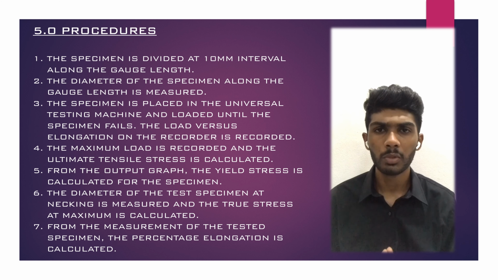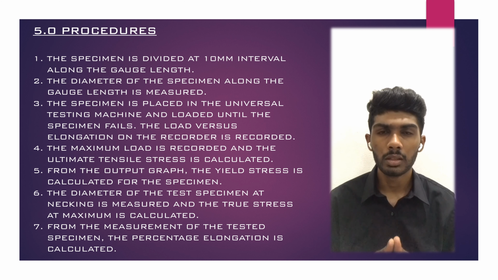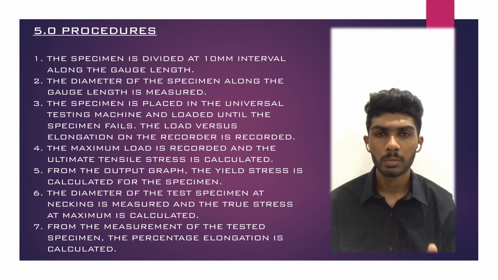Now, the maximum load is recorded and the ultimate tensile stress is calculated. Then, from the output graph, the yield stress is calculated. Then, the diameter of the test specimen at necking is measured and the true stress at maximum load is calculated. Finally, from the measurement of the test specimen, the percentage elongation is calculated. That's all for the procedures.